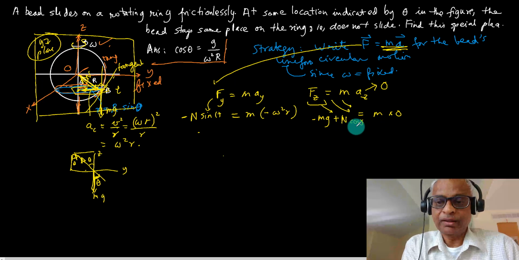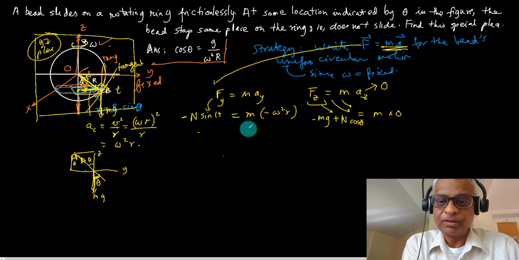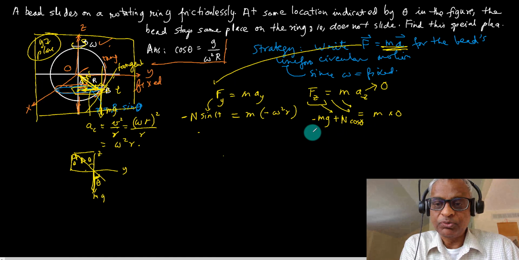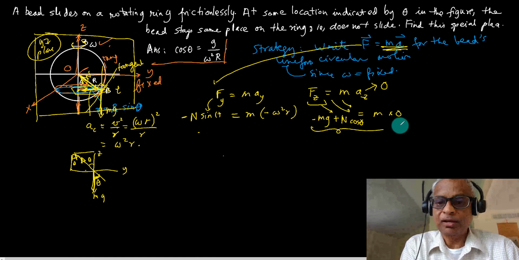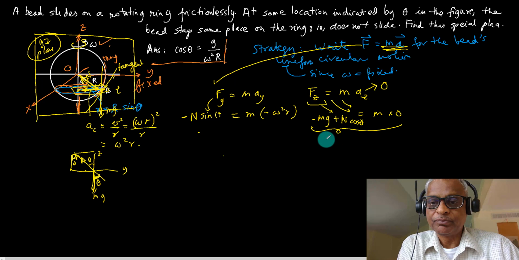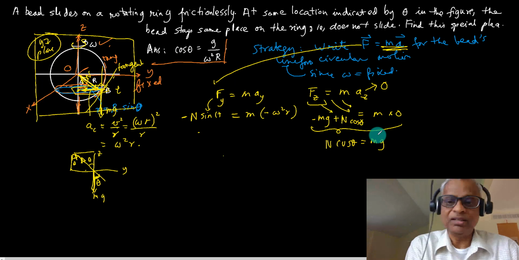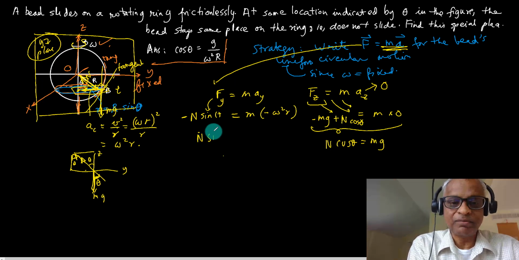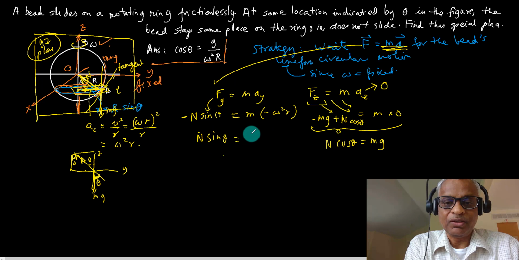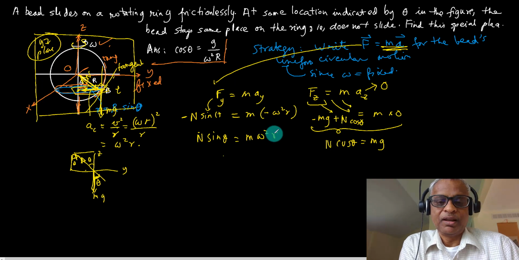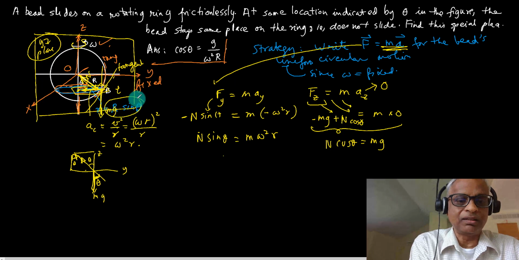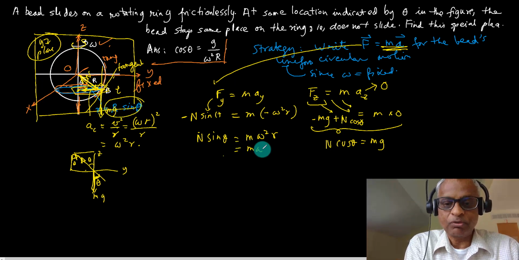Okay, so now we have all the components here. From the z equation I get N cosine theta equals mg. From the y equation I get N sine theta equals m omega squared r. And you can see already that little r is capital R sine theta, so this is m omega squared capital R sine theta.